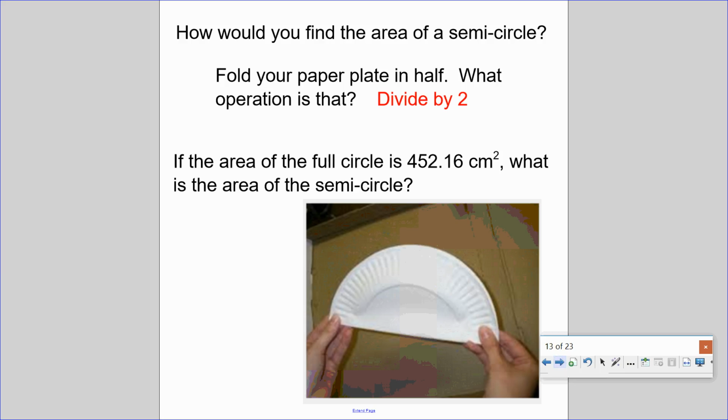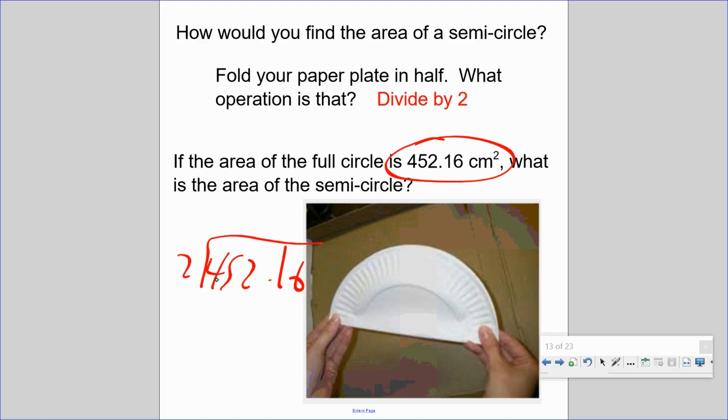So if the area of the whole paper plate is 452.16 square centimeters, what will be the area of a semicircle? Well, let's figure out what's half of that amount. Can 2 go into 4 2 times? Can 2 go into 5 2 times?